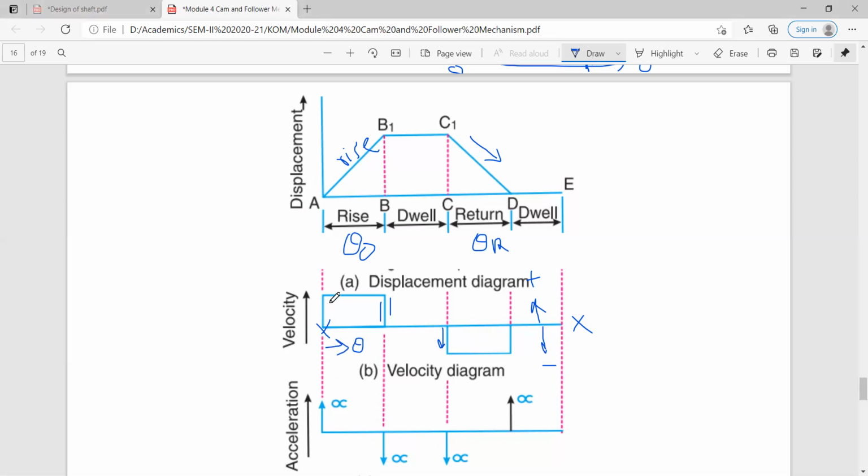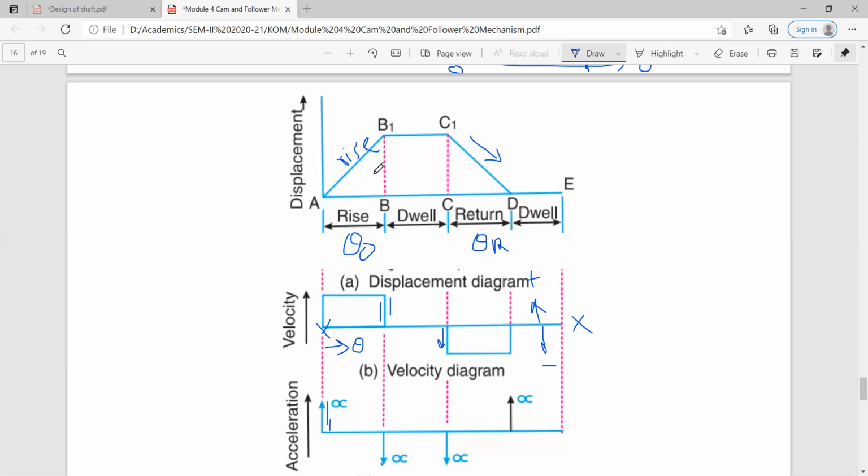Then after that it becomes constant. So your acceleration comes down to 0 value and remains 0. Then again here velocity drops from this value to 0. So again negative acceleration infinity, and again it will become 0. It will remain 0. Like this you can draw the acceleration diagram.